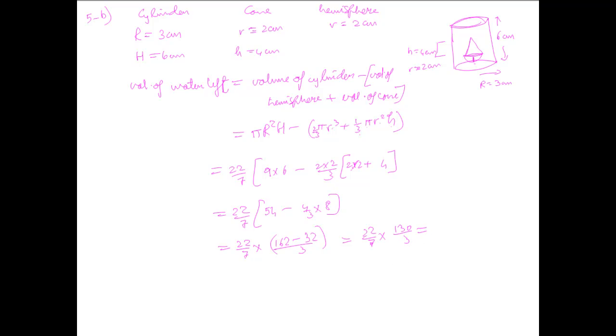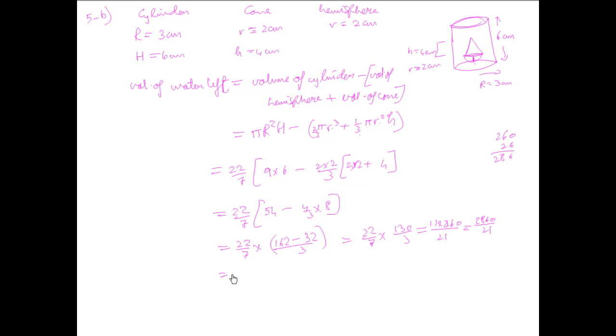That's 22 times 130, that's 11 times 260/21. 11 times 260, children, would come out to be 2860/21.